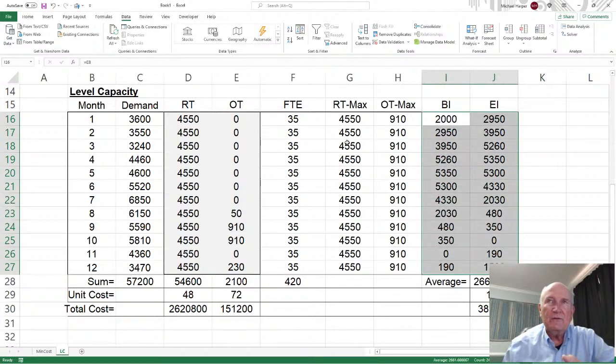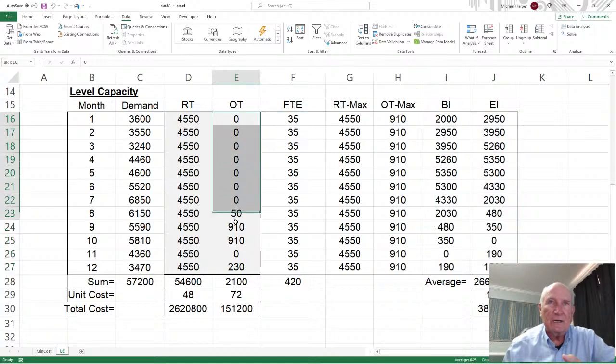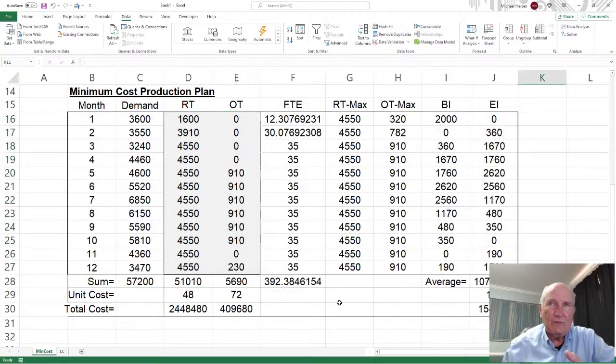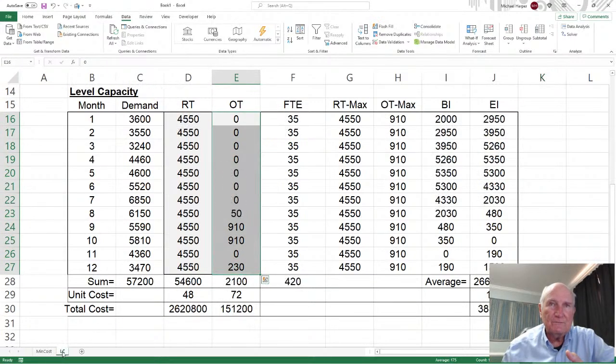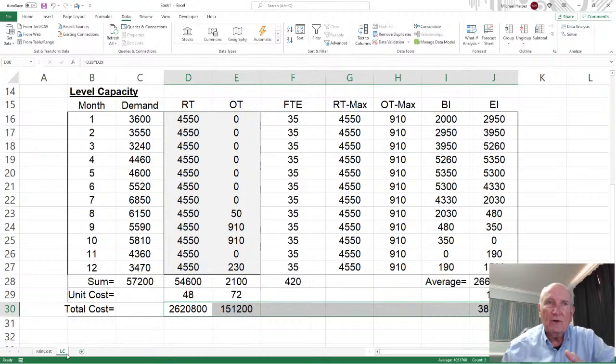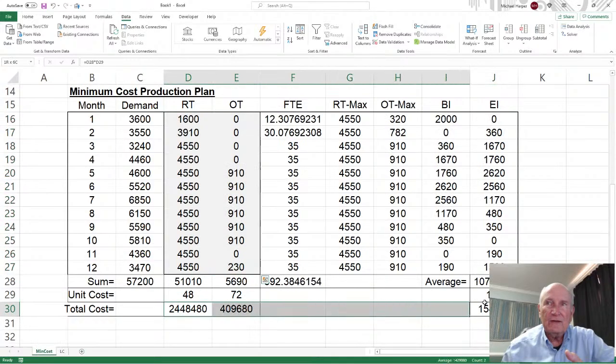We can compare the overtime production, where it's at, etc. We can compare that with the minimum cost. Here's the inventory. Here's the minimum cost. This is how the overtime is spread out. So there's a lot of things here to consider. We can do the total cost and the cost of regular time, overtime, and inventory on both of these right here. So we can compare those.